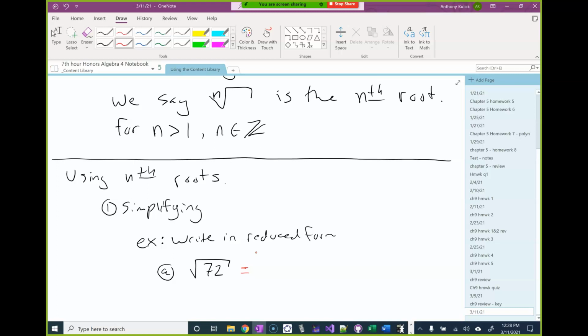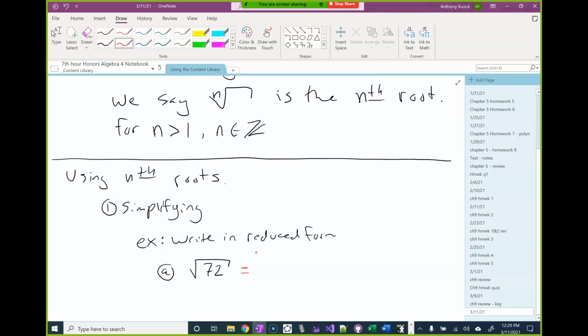What else? 16, because 4 squared is 16. Good. What else? We said 4 already. 25, because 5 squared is 25. Keep going. Yep, Edmund. 144, because 12 squared is 144. Any others that we can think of?